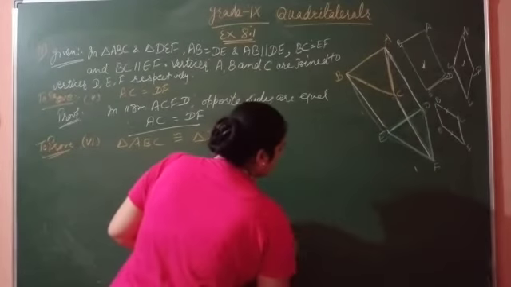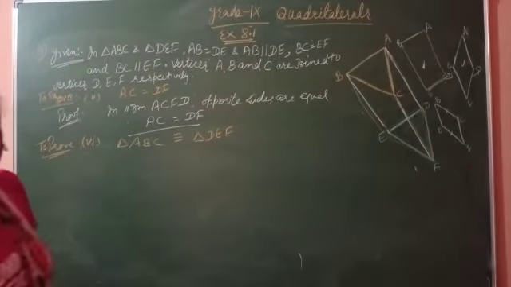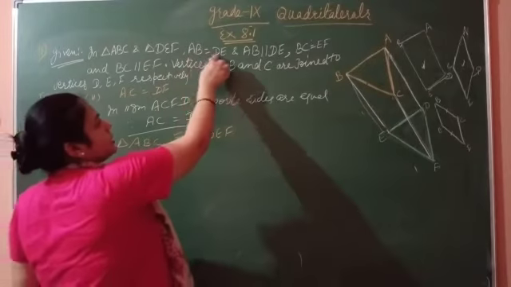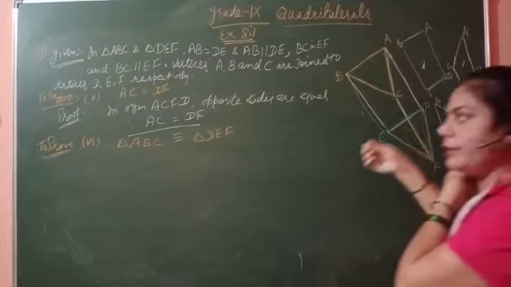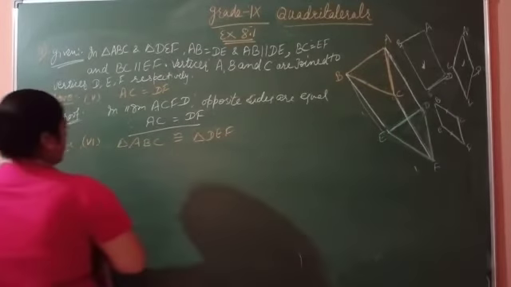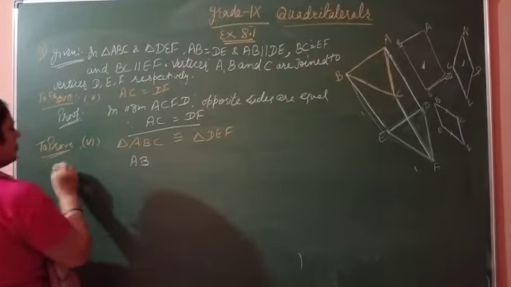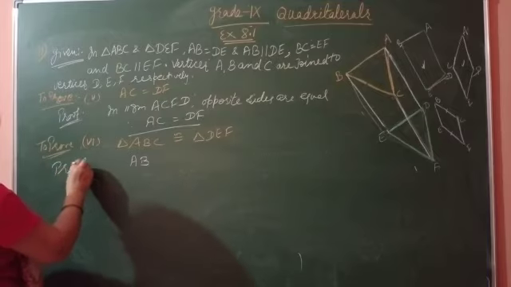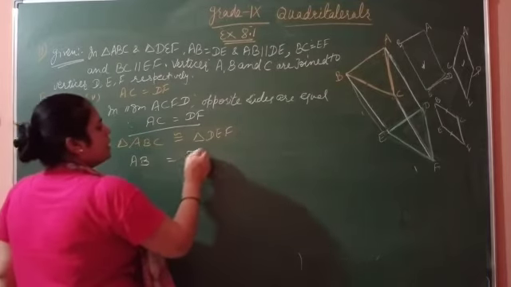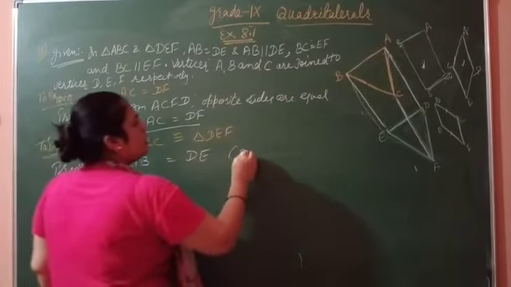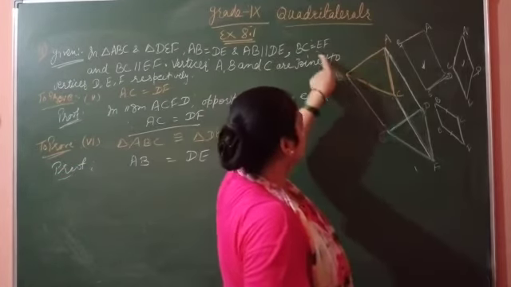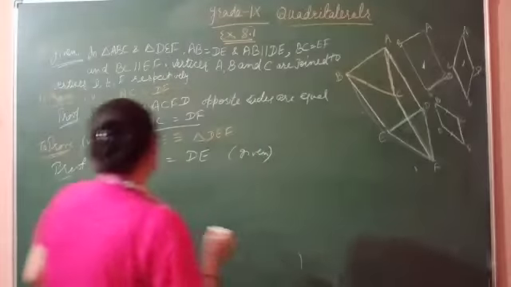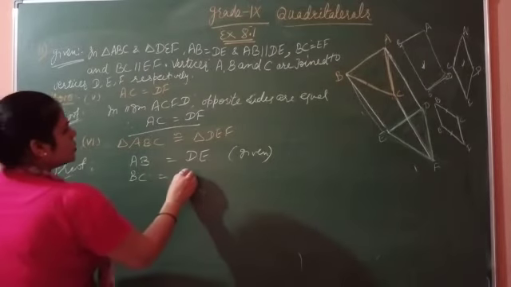It is the same as before. AB is equal to DE; this is given. And next, BC is equal to EF. This is also given.